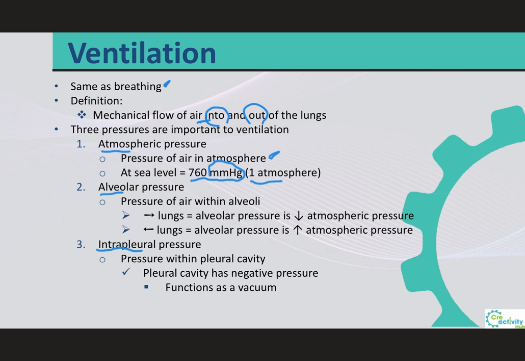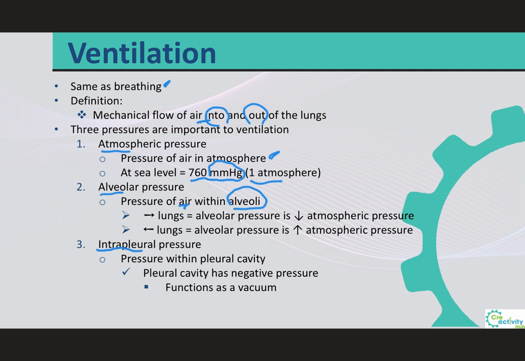The alveolar pressure is going to be the pressure of air within the alveoli of the lungs. So within the tissue itself, the organ itself. And depending on the stage of the breathing cycle, it will be either equal to, lower than, or higher than the atmospheric pressure.